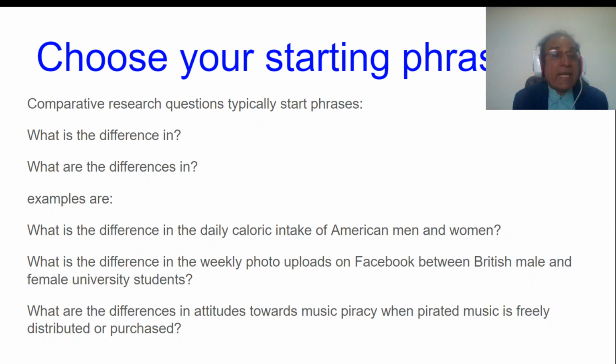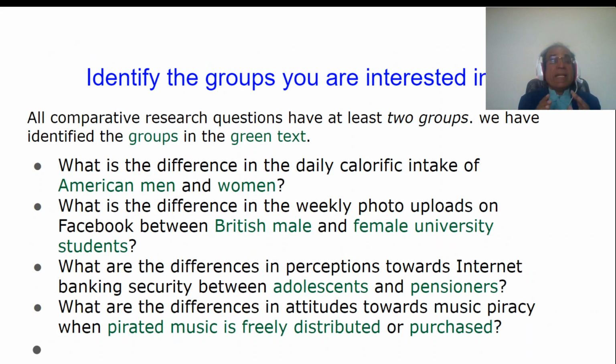So now you can identify the phrases in the introduction of these examples of comparative research questions. Next part is to identify the group you are interested in.